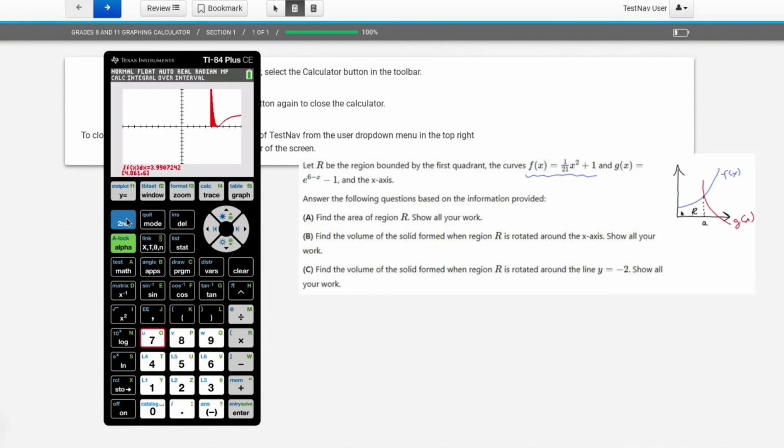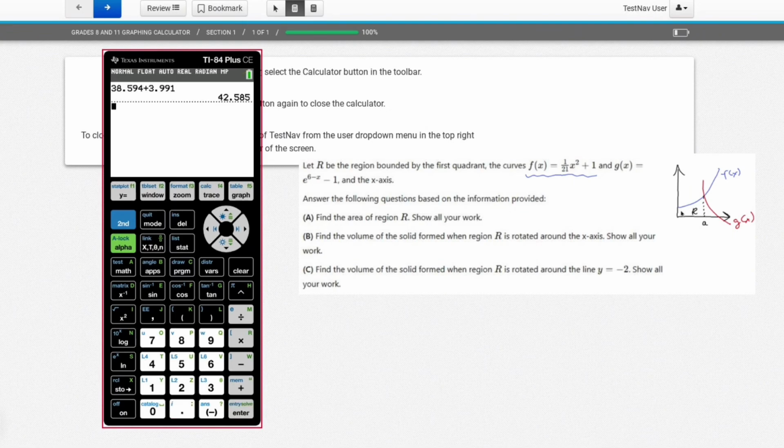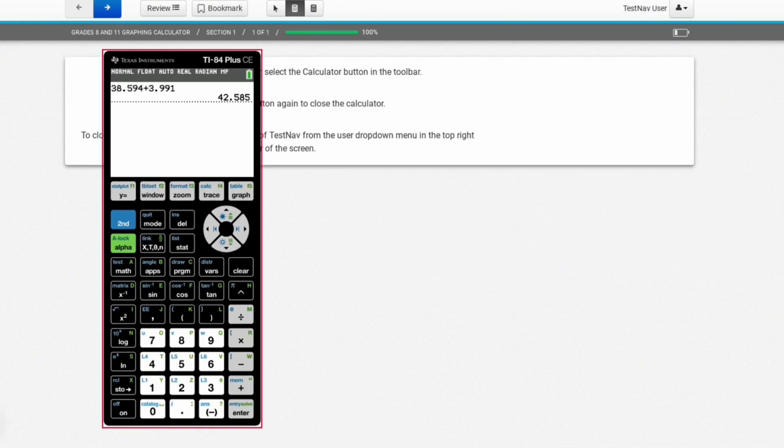Now, what I forgot to do last time is add those guys up. 38.594 plus 3.991, enter, and you get 42.585.